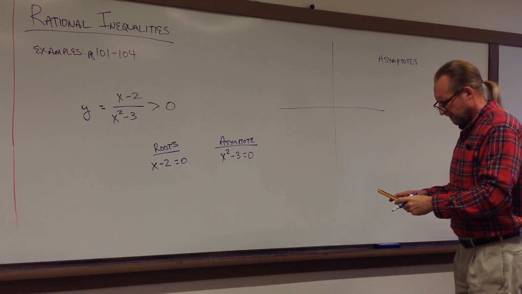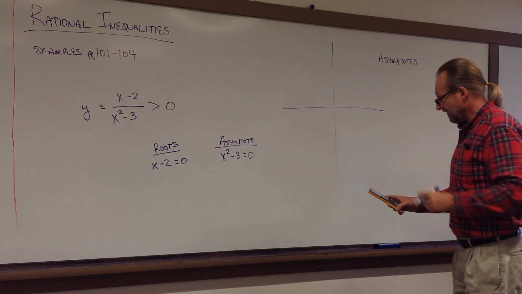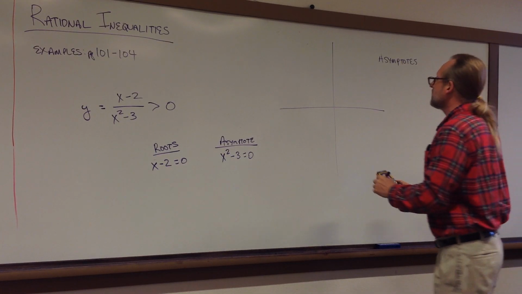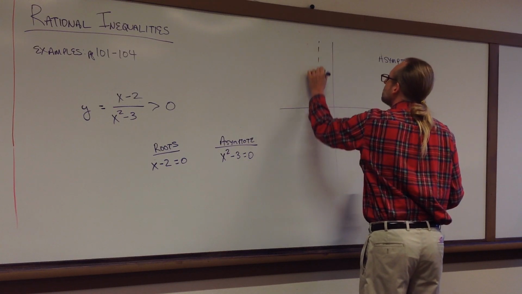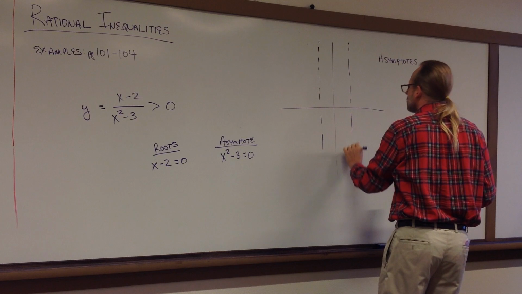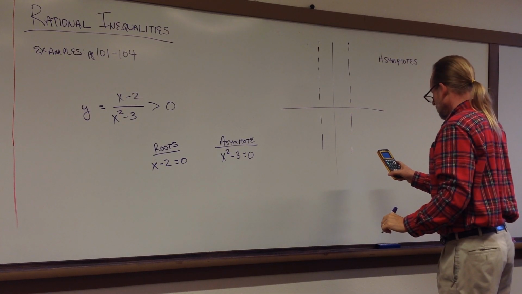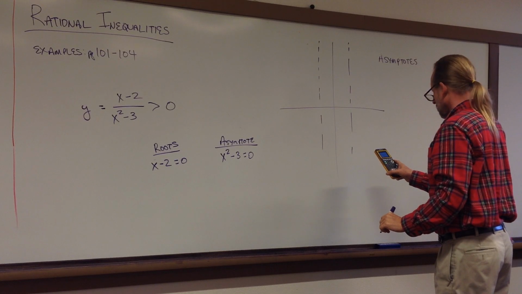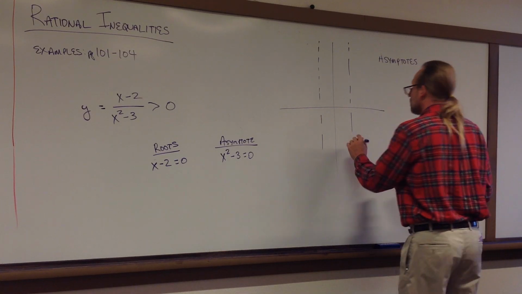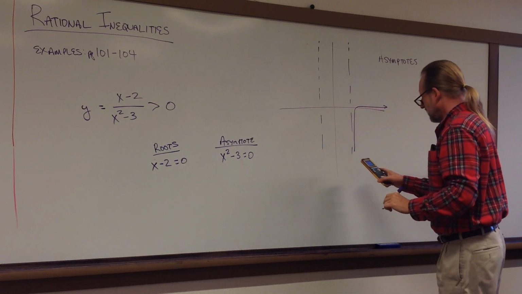Okay, let's see here. So now this one, we've got 2 asymptotes. It's not immediately clear exactly what the values are going to be for those. Okay, so we've got this kind of happening over there.